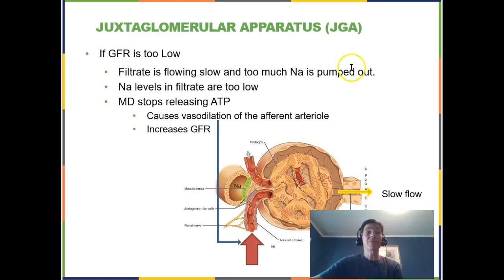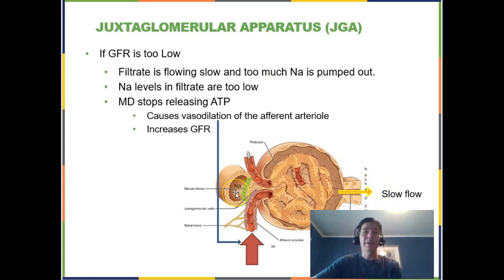Conversely, if your glomerular filtration rate is too low, this means filtrate is going to be flowing very slowly through your tubules. They will have more time than they need to process the filtrate, and they'll end up pumping out more sodium than they normally would. That would cause your sodium levels to become abnormally low. So here we have the small arrow, which means slow flow.